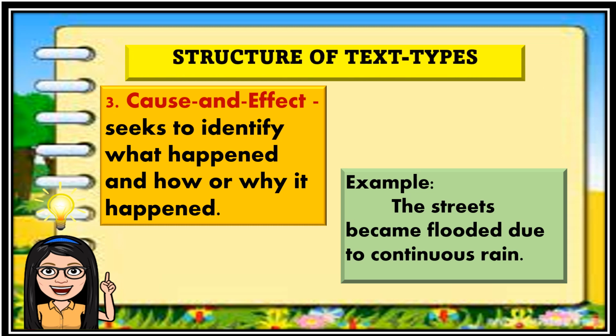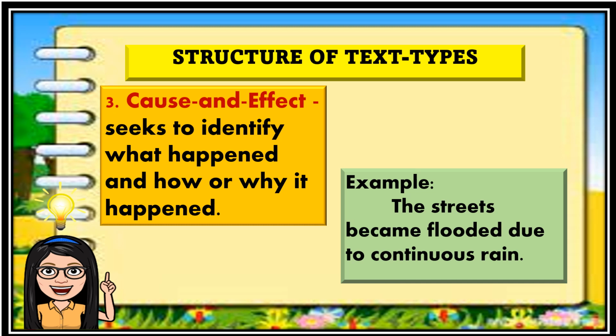So let's have structure number 3. We have the cause and effect. In Tagalog, sanhi at bunga, it seeks to identify what happened and how or why it happened. So here is the example. The streets became flooded due to continuous rain.